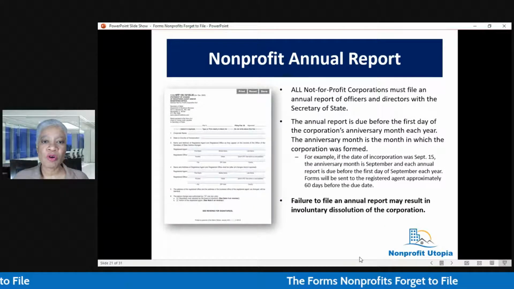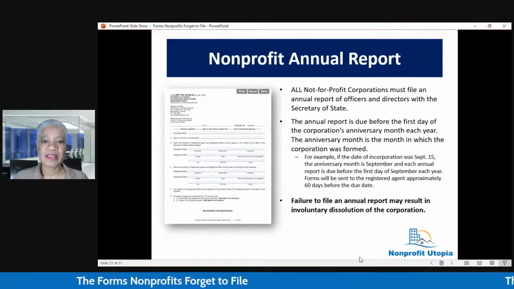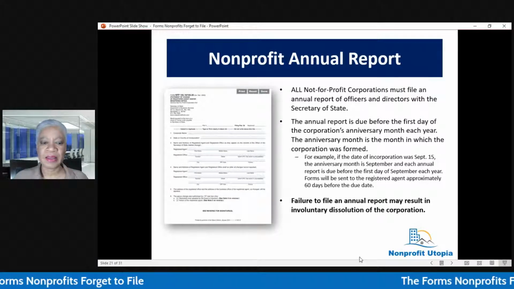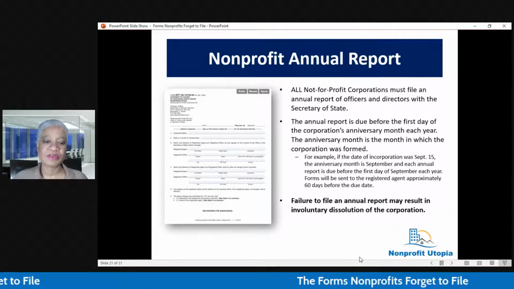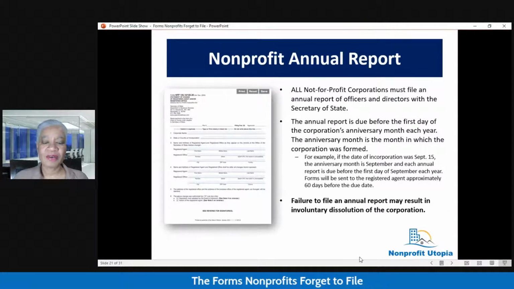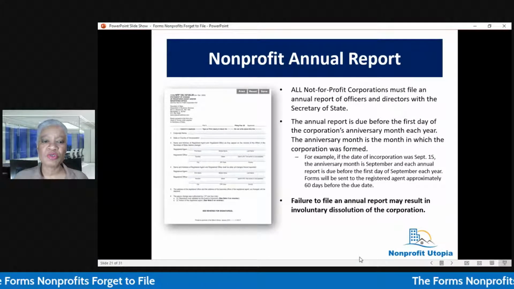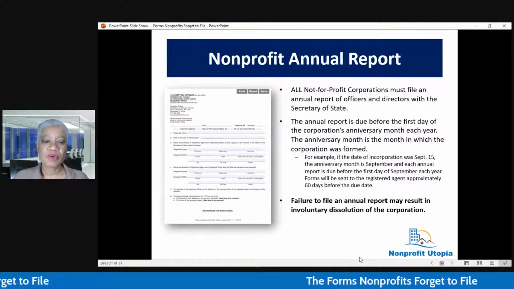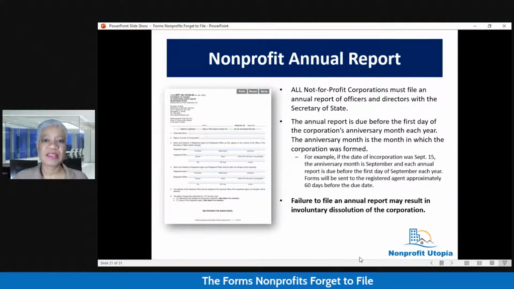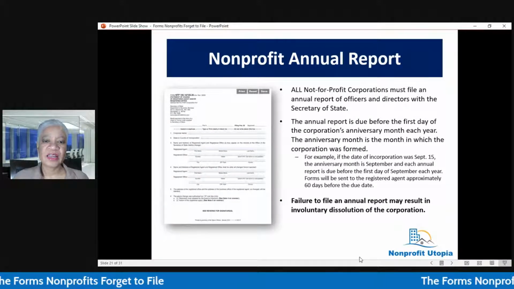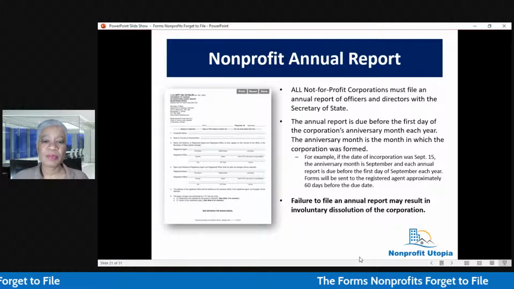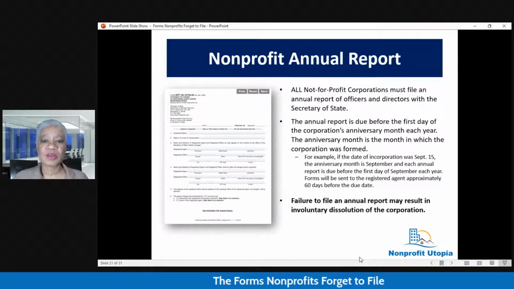This form basically wants to get a sense for whether or not your information is still current: your current corporate name, who your registered agent is, where your office is, and who your board members are. And this form is due a month before your anniversary. So if your organization was founded in March, then your annual report is due before the end of February.